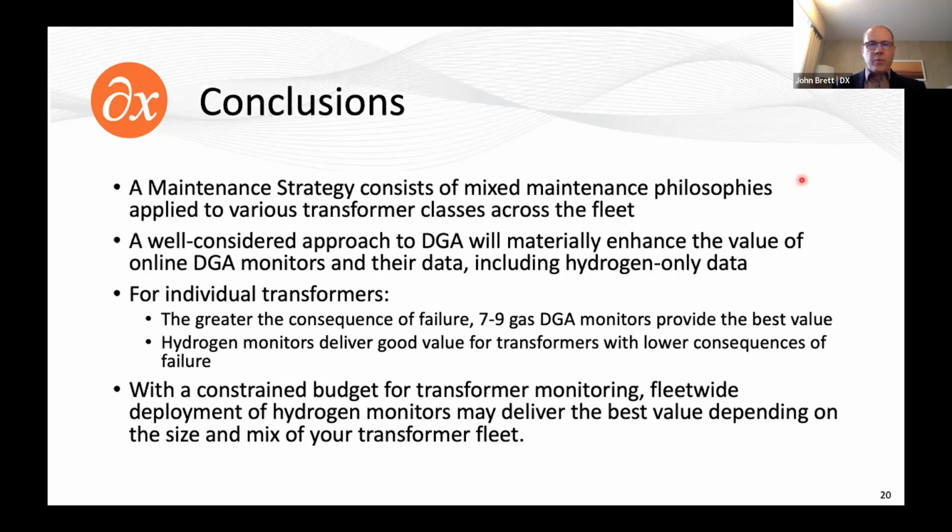You do the same for paper, and then you can use those as weights to come up with a fault energy index. It's not perfect. You don't know exactly how much energy goes into the fault, but we've found that it has been very effective at giving a better sense of the severity of faults than just looking at the gases on their own.